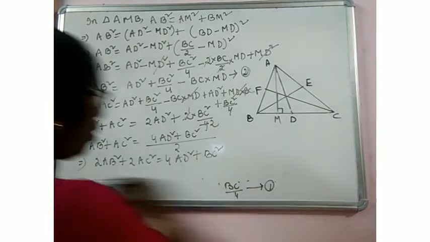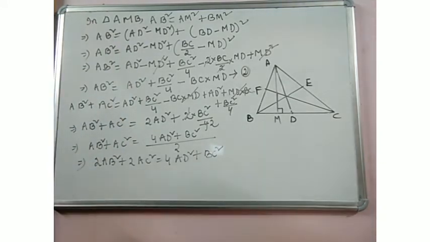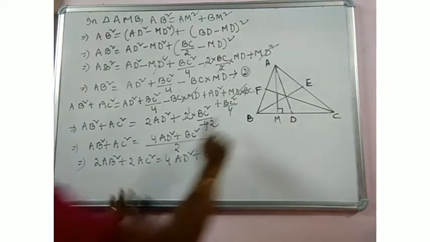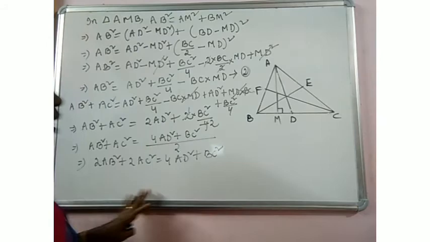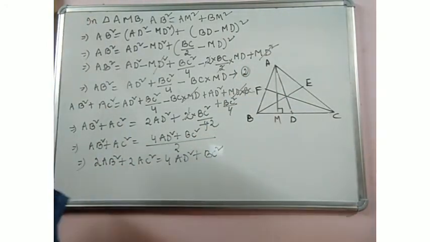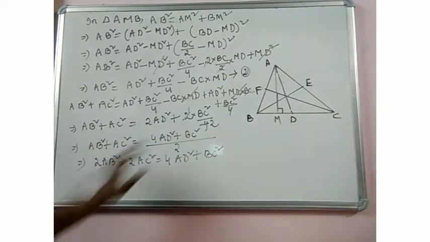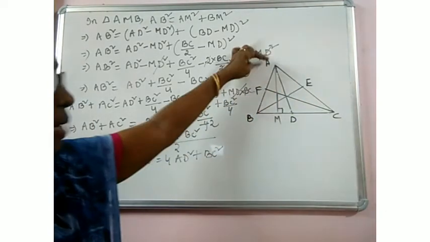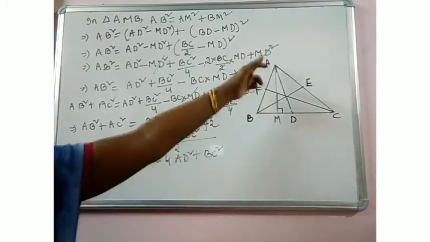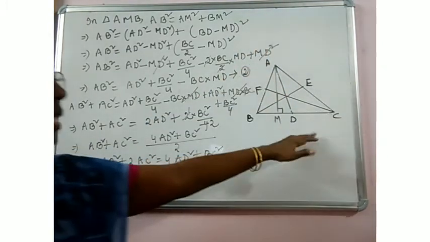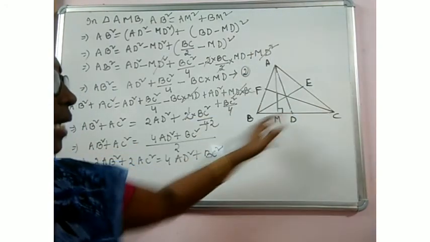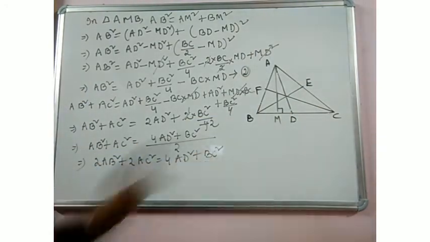So what did you understand from this? For AB and AC, the angle between AB and AC is angle A. From the vertex A to the opposite side BC is the AD, and AD is the median which is bisecting BC.